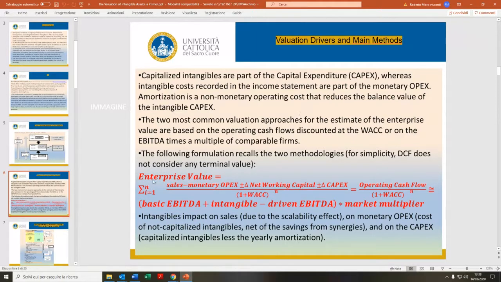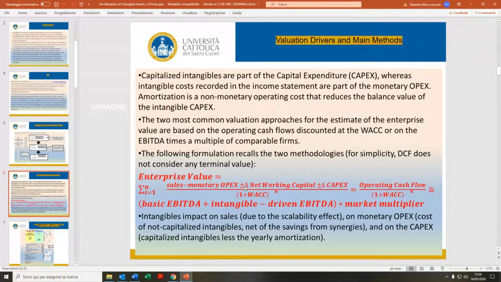There is this formulation here reported in red, which is the enterprise value. An enterprise value is the value of the whole company, including debt. It can be given by, as we said, operating cash flows divided by the weighted average cost of capital, but operating cash flows can also be the algebraic sum of sales less monetary OPEX, and this gives the EBITDA.